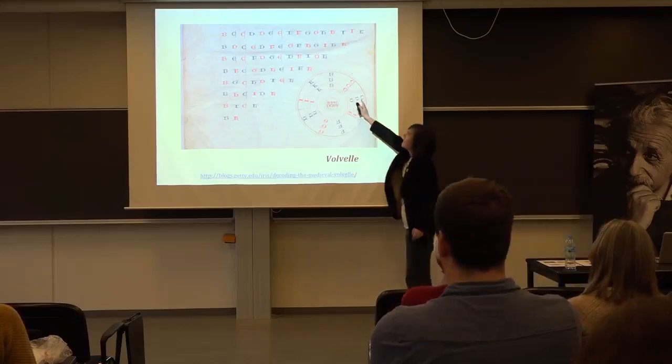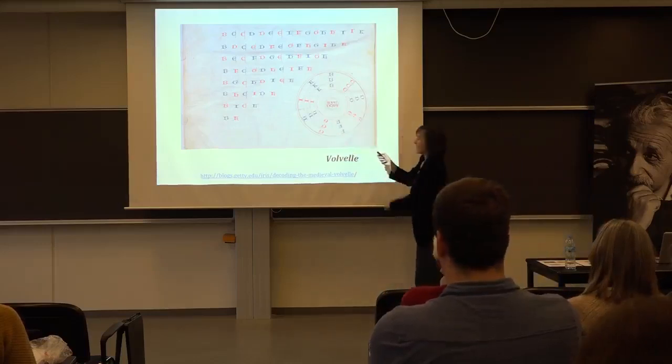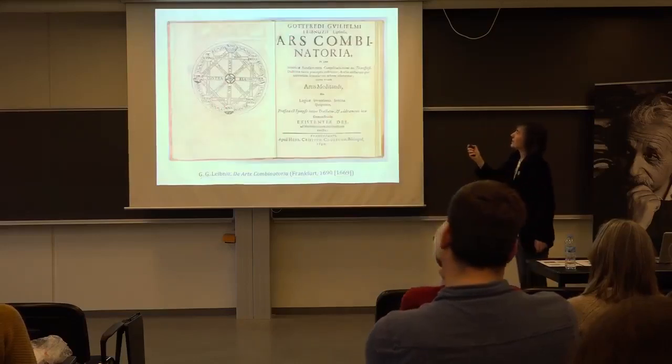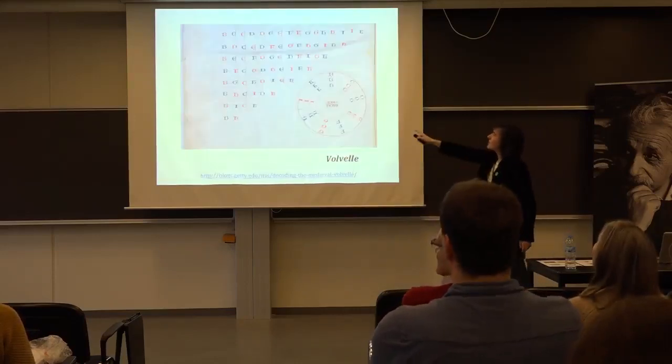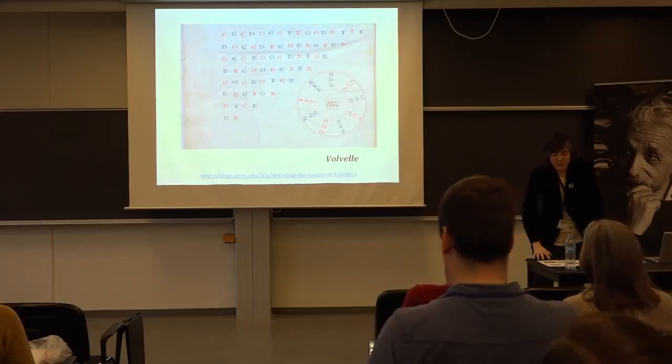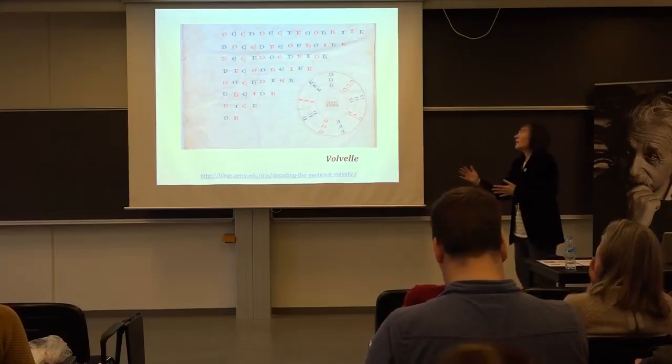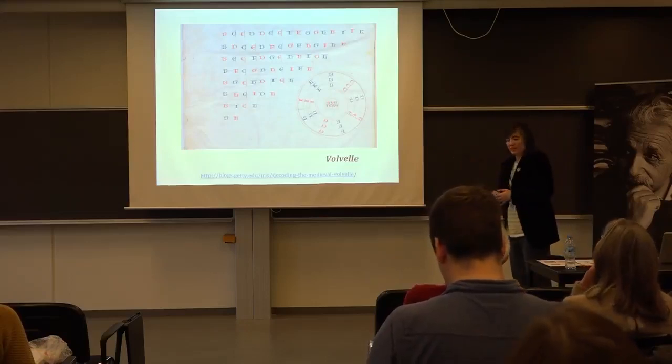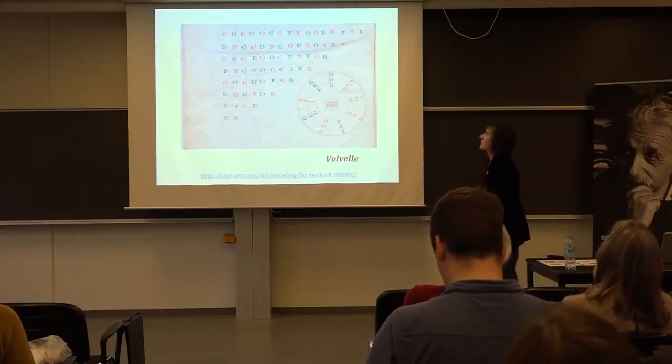And he even adds here a fourth image. I'm finishing now, sorry. So this is the fourth image, which is probably the most interesting one, because it will be the one having the longest history, the longest posterity.